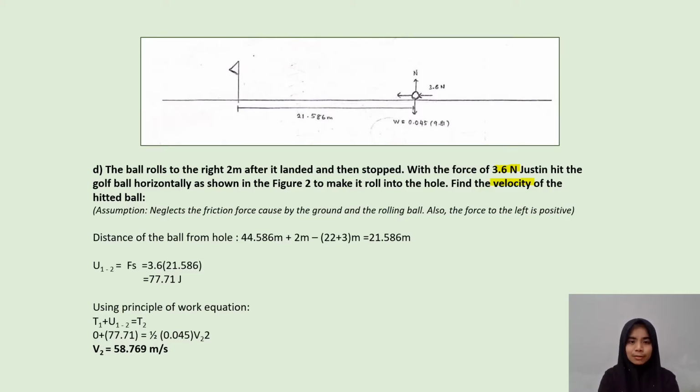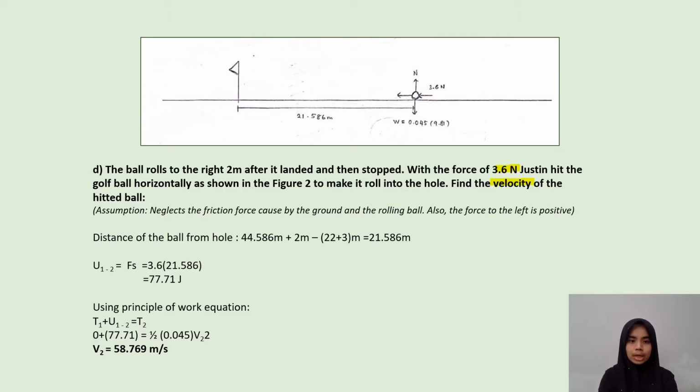So, from the figure, we need to find the distance of the ball from the hole, which uses the value we get from the previous slide, 44.586 meter. We need to add 2 meter and subtract 25 meter, which is 44.586 plus 2 minus 25, and we get the value 21.586 meter.